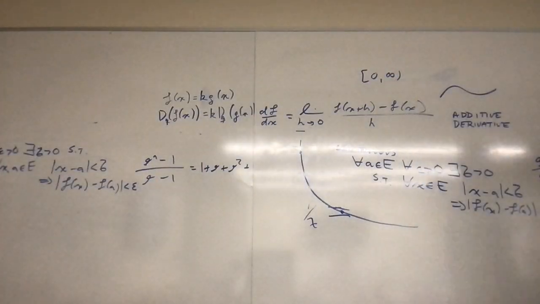If you look at f of x equals 1 over x on the open interval 0 to infinity, it's continuous on that interval, but it's not uniformly continuous, because anything that shoots up to infinity or negative infinity fails.